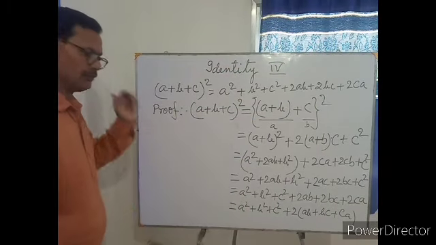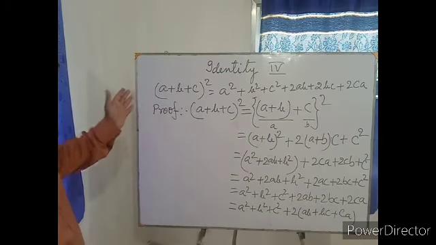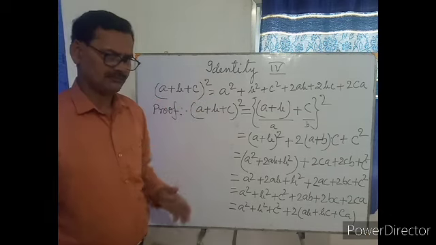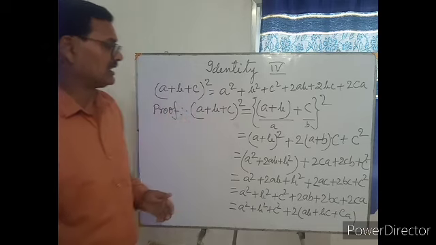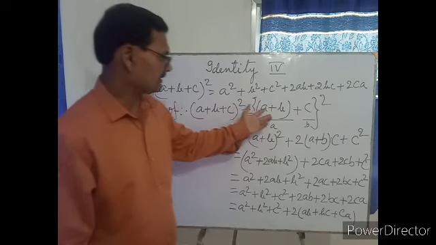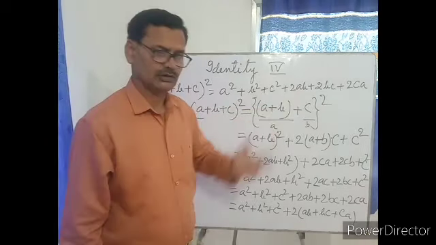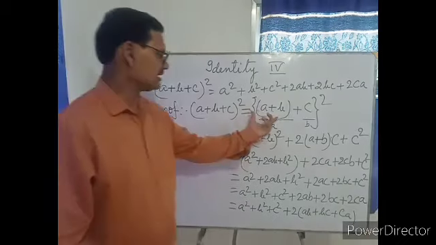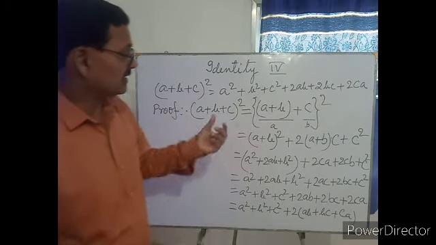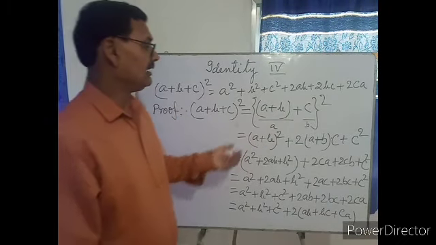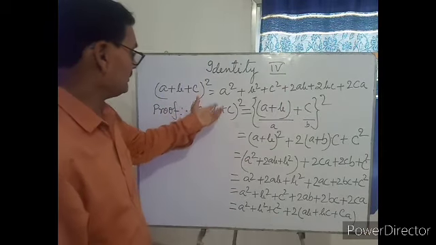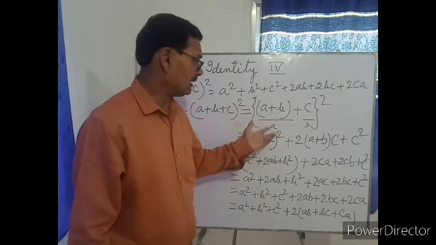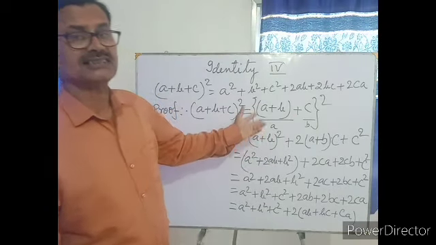Now let us see its proof. The proof: (a plus b plus c) whole square can be written as (a plus b) and plus c. Here a plus b is taken together, considered as one term, and c as another term. So this has come on the pattern of a plus b.